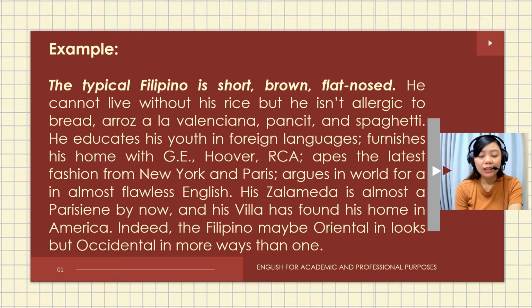And the conclusion is seen at the last part of the paragraph, which says, indeed, the Filipino may be Oriental in looks, but Occidental in more ways than one. So this is an example of the inductive format or inductive method.